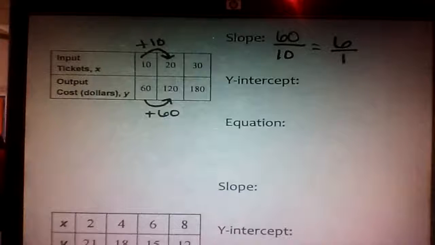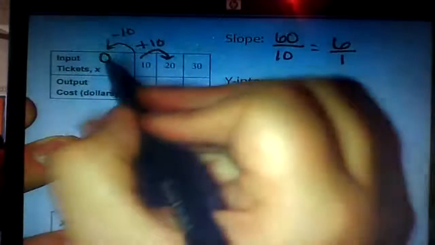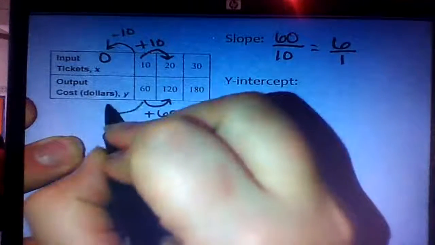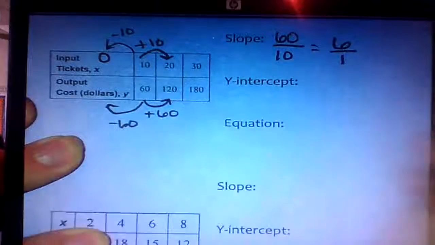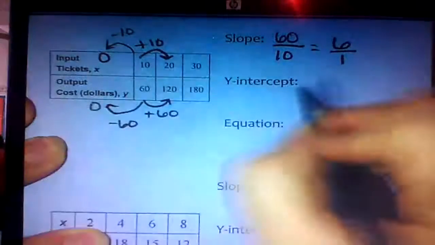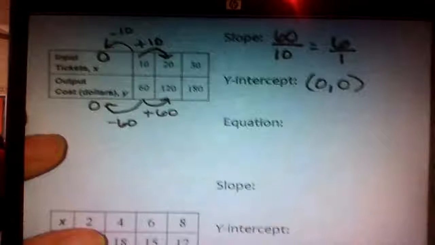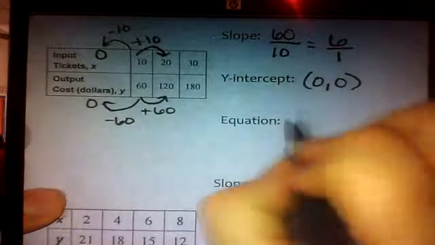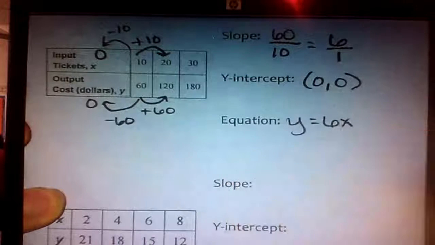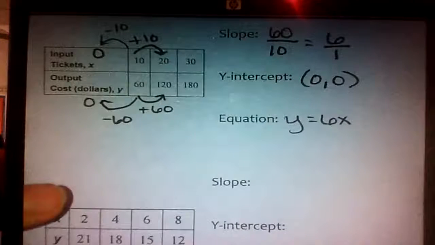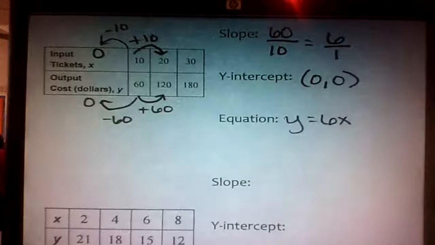If I go backwards, I subtract 10, and that takes me to 0. If I subtract 10, I also have to subtract 60, which gives me 0. So 0, 0. So y equals 6x. You could put plus 0, but just remember on your exam, they're not going to put plus 0. They're going to leave y equals 6x.